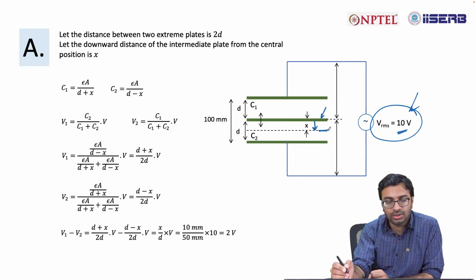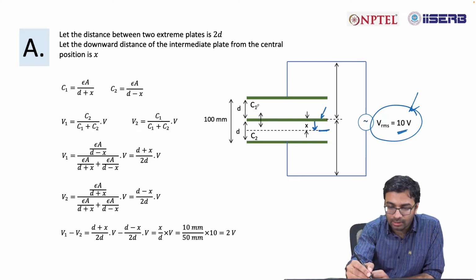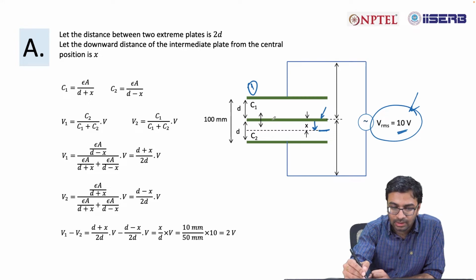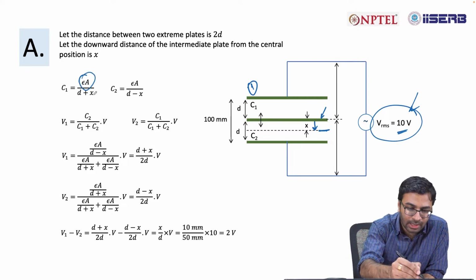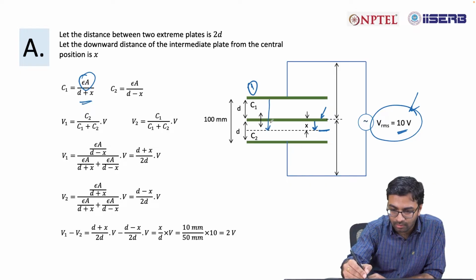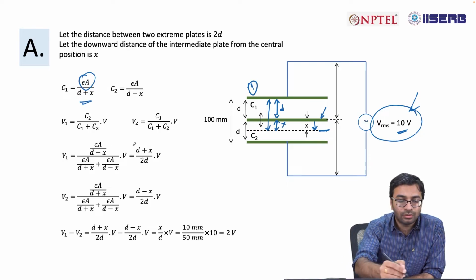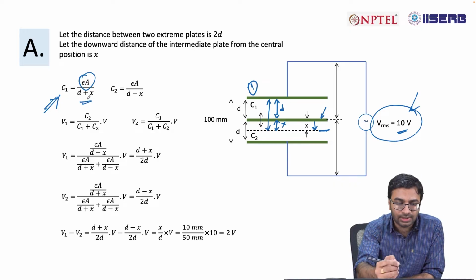In such a situation, the capacitance C1, that is the capacitance between the first plate and the intermediate plate, is equal to epsilon A divided by d plus x, because the distance now is d plus this distance x.